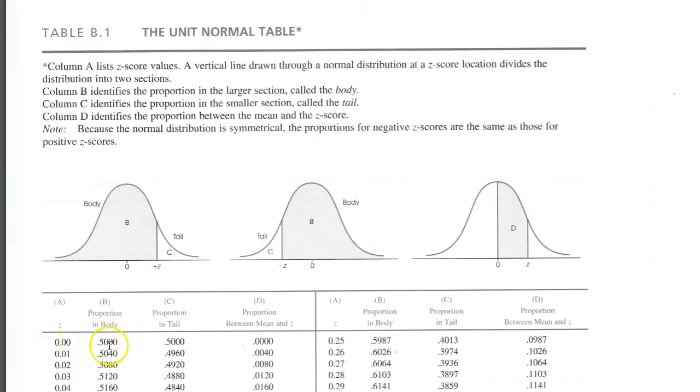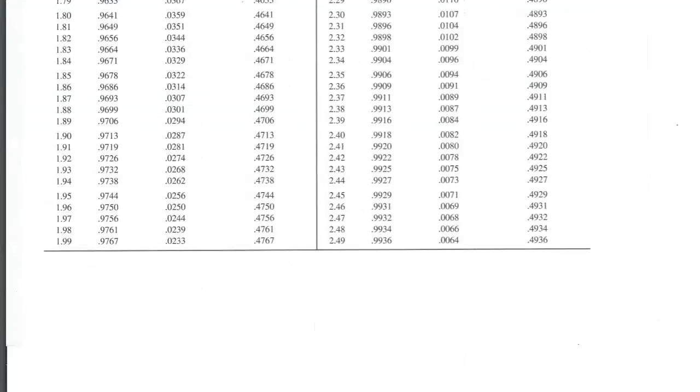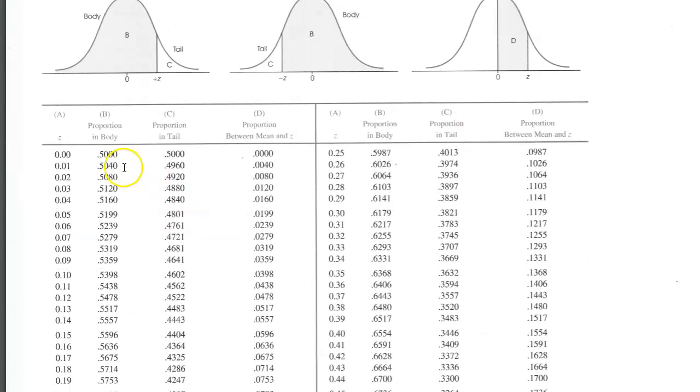You would see 50% or 0.5 in the tail and 0.5 in the body. And the proportion between the mean and the z-score of 0 is none, because that is the z-score. Again, this gives you all of these different areas within 2 decimal places. You should also notice that if you add up the body and the tail, you get 100%.